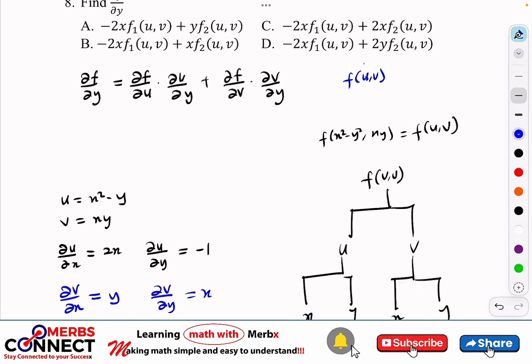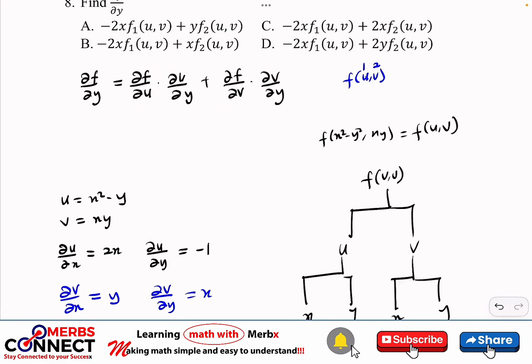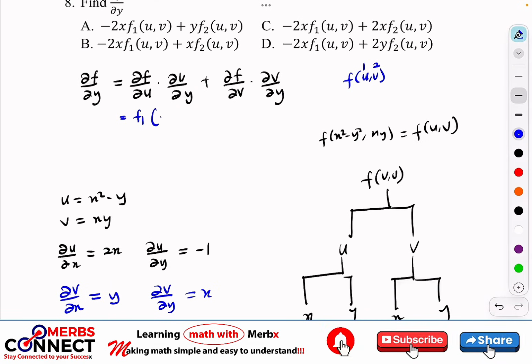So this is 1 and this is 2. Now if I take this partial, because u is 1, I can write it as f1. So when you see f1, it means that we are differentiating with respect to the first variable. And this here is u with respect to y, which is minus 1.